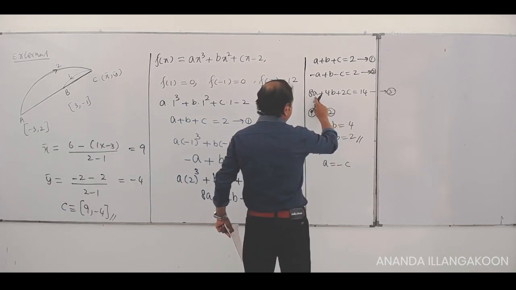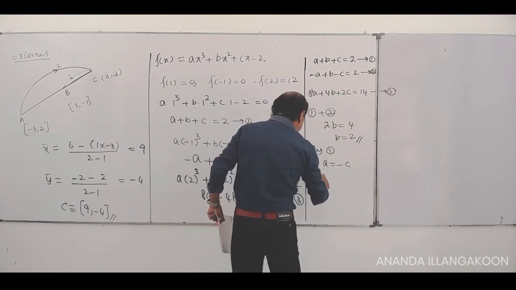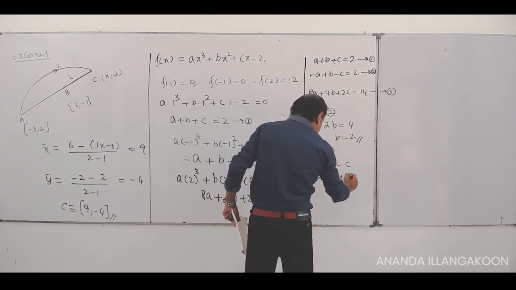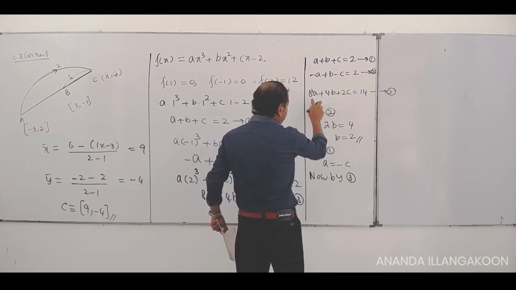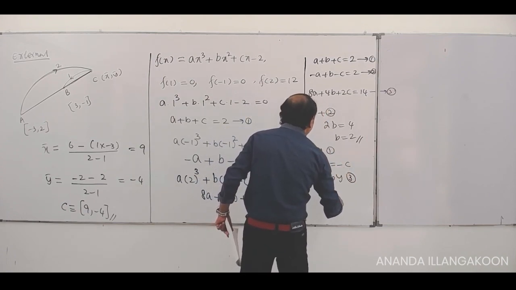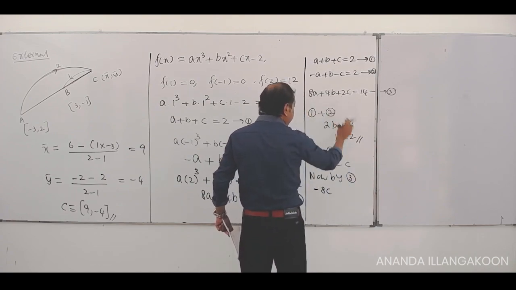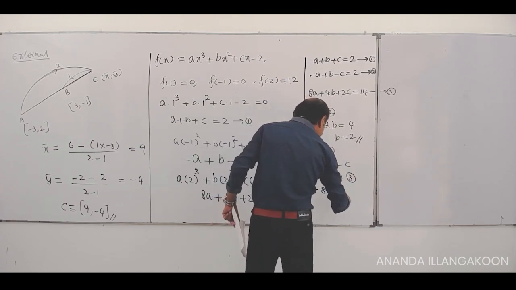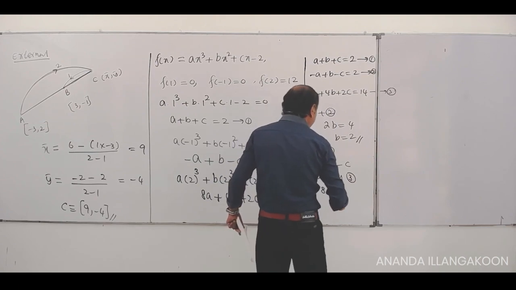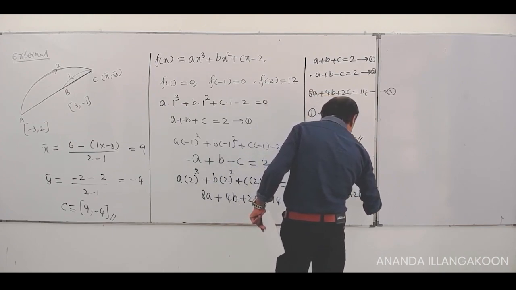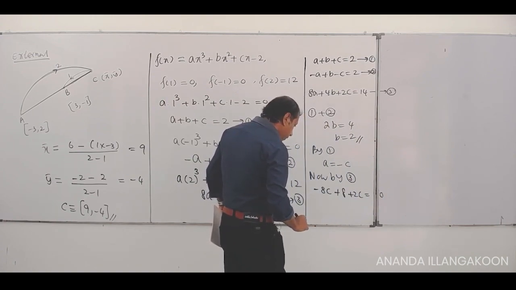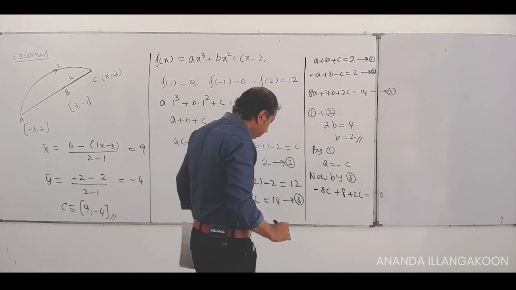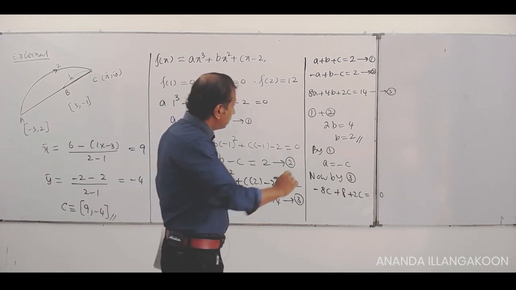Then that a equals minus c, you substitute where? Here, or here, now in number 3. For this a, I put minus c. Then here we get minus 8c, 4 into b. B is 2, no? Then here 8. And 2c equals 14, no?